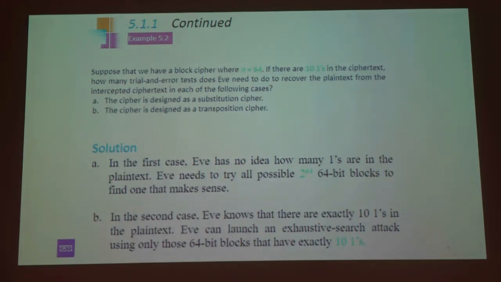Here is another example. Suppose that we have a block cipher of n equals 64, so the blocks are 64, 64, 64. If there are 10 ones in the ciphertext, how many trial and error tests does Eve need to do to recover the plaintext from the intercepted ciphertext in each of the following cases?